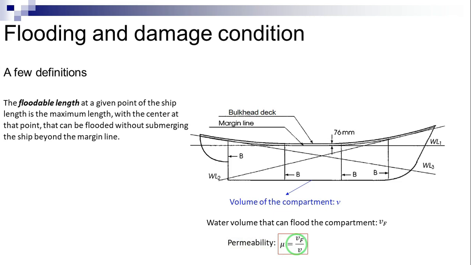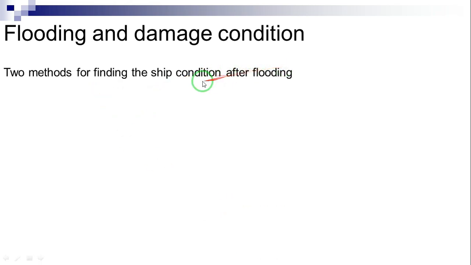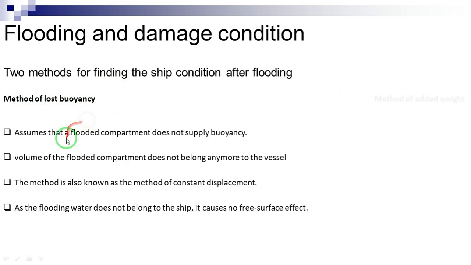Two methods for finding the ship condition after flooding. There are 2 ways of calculating the effect of flooding. One way is known as the method of lost buoyancy, the other as the method of added weight. The method of lost buoyancy assumes that a flooded compartment does not supply buoyancy. This is what happens in reality.